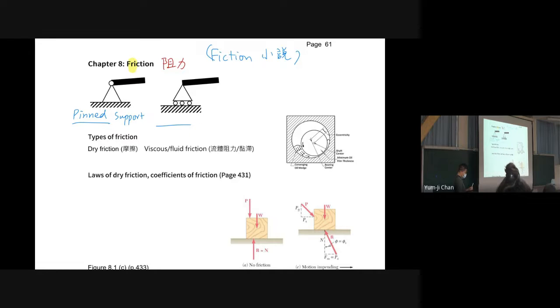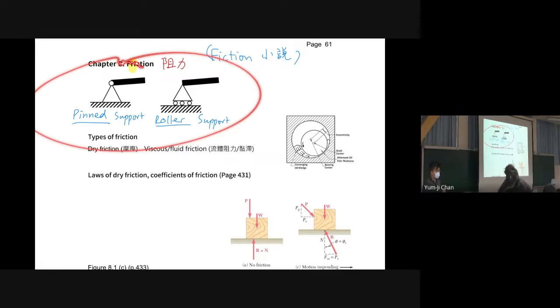And what's this one? Roller, very good. These two we talk about a lot.